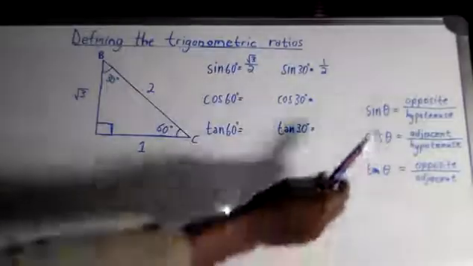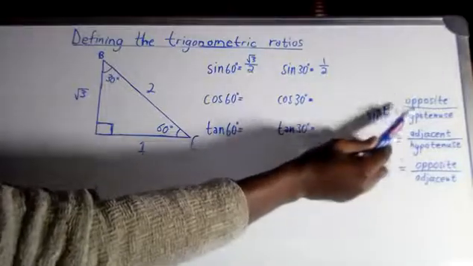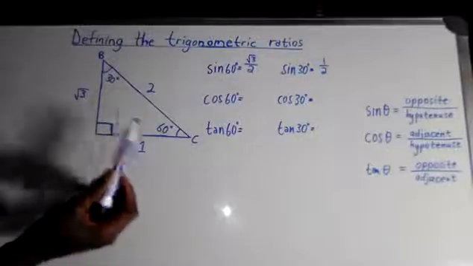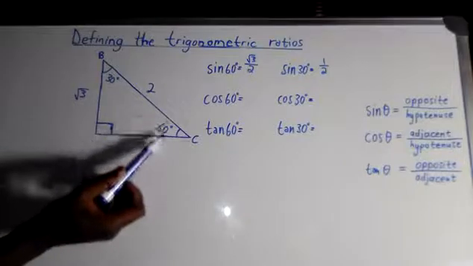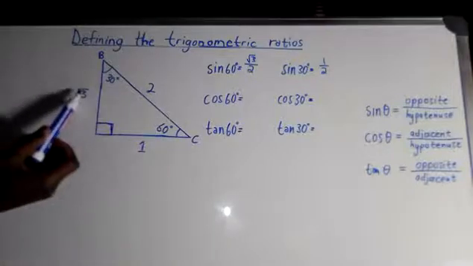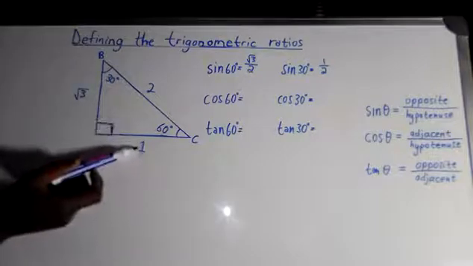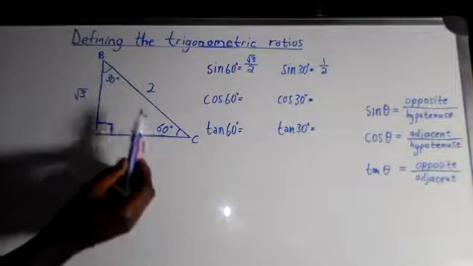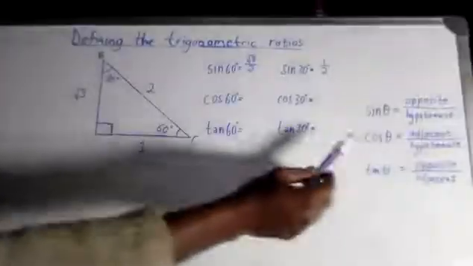So the rule remains the same. Sine of an angle is opposite over hypotenuse. What changes is which angle you are working with. When I'm working with 60 degrees, my opposite is root 3. But when I'm working with 30 degrees, my opposite is 1. So that's why your sine 60 and your sine 30 give different solutions, but with the same rule.